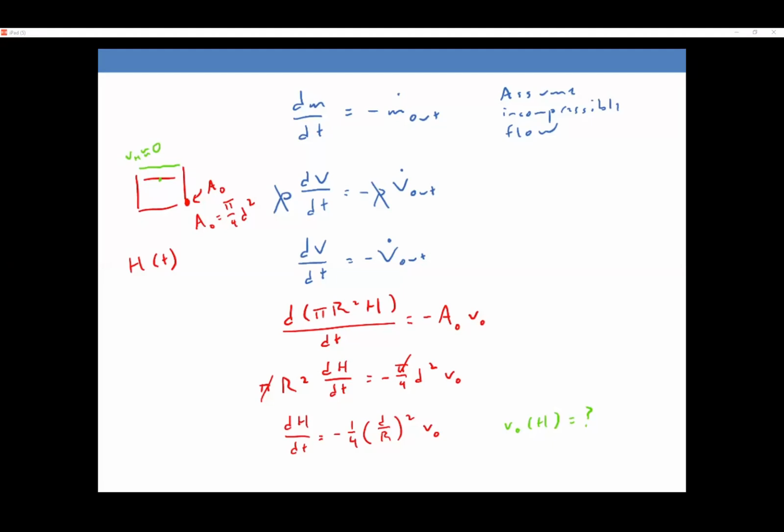So yes, we're still making that assumption. Over any little piece of time, the velocity of that dropping water level is going to be really small compared to the velocity coming out the bottom. And that comes from that area being really big compared to the area of the little hole. I'm going to write the assumption out.